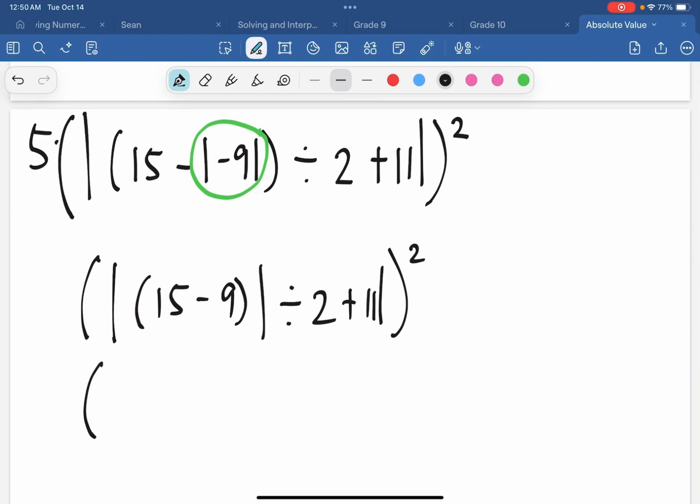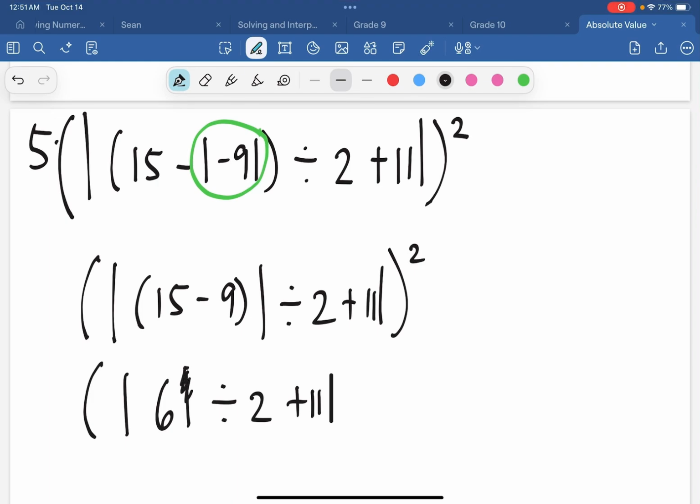Now, we have 15 minus 9 is 6 divided by 2 plus 11. Oh no, it's this one here.